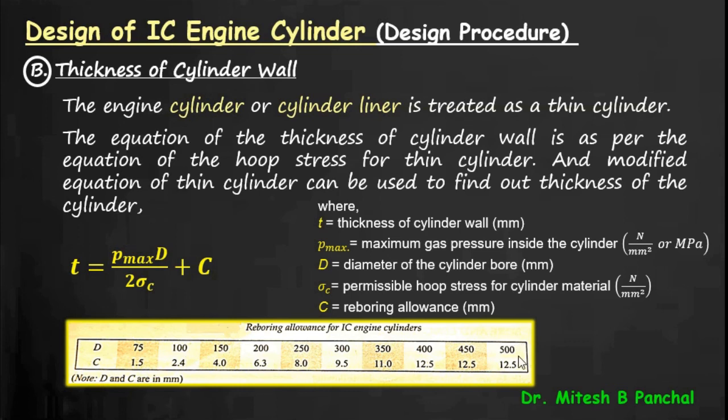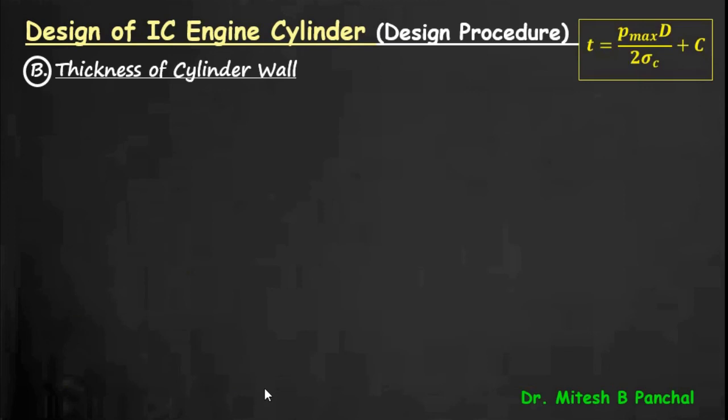Same way, for 500 mm bore diameter, 12.5 you have to consider as the reboring allowance. So ultimately we have the equation to find the thickness of the cylinder, that is t equals Pmax times D by 2 sigma c, plus C.